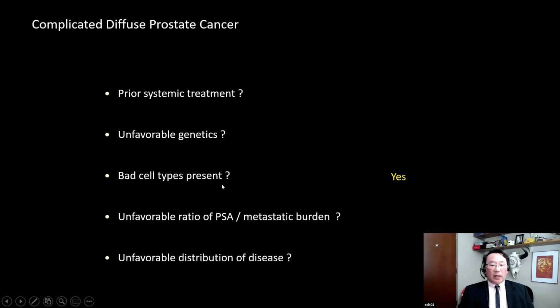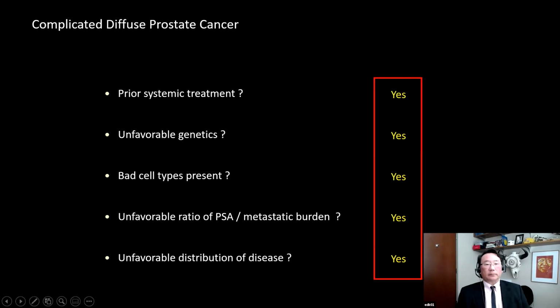If you have bad cell types present on your biopsy, that's complicated diffuse prostate cancer. If you have an unfavorable ratio of PSA to metastatic burden, then that's complicated. And finally, if you have unfavorable disease distribution, for instance, in the liver and so forth, that is unfavorable disease.